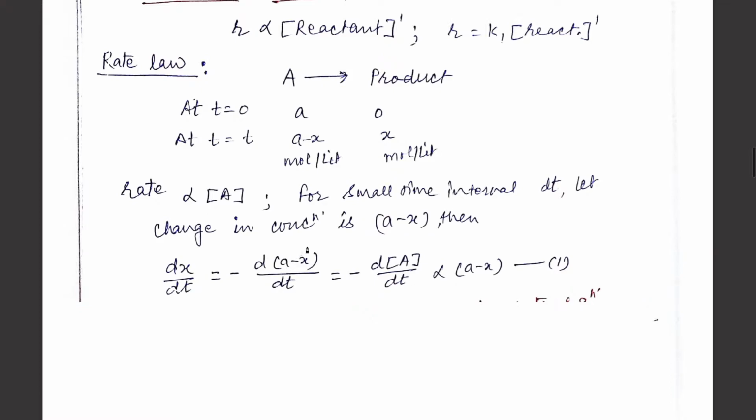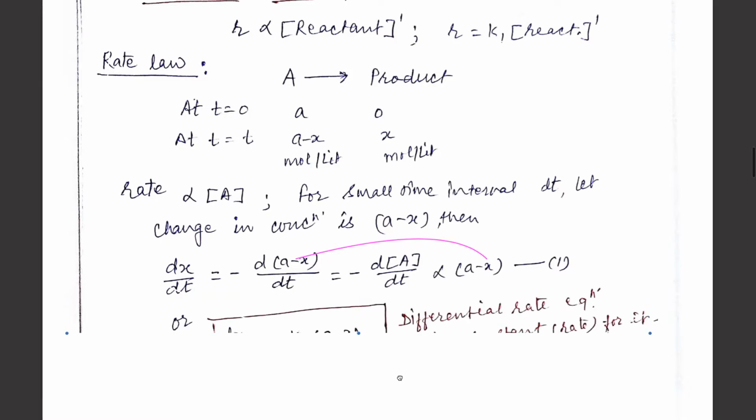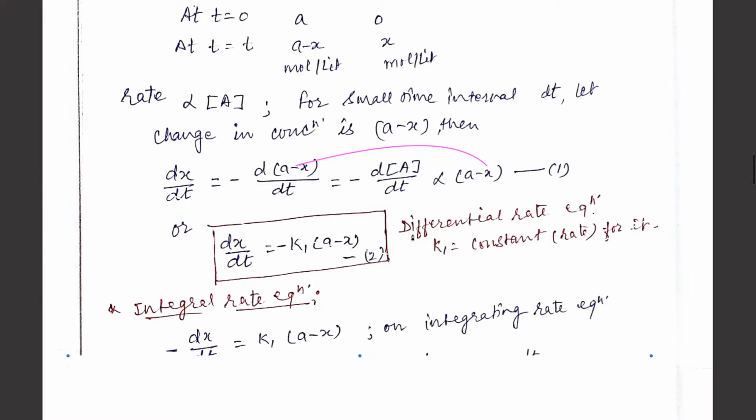Now this expression can be correlated with a minus x, that is, d of (a minus x) upon dt is proportional to a minus x. When we replace this proportionality sign by an equal to sign, we put some constant, and here k1 is the constant we are using, which is known as the proportionality constant or rate constant for first order reaction. This equation 2 is known as the differential rate equation for first order reaction.